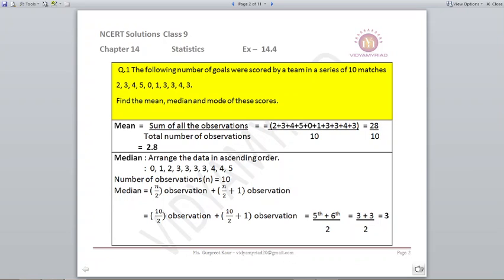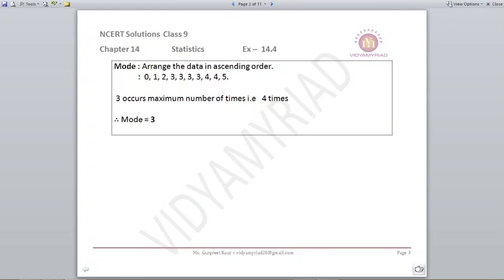Now suppose your number of observations is odd, for example 11. What will I do? 11 plus 1 upon 2, 11 plus 1 is 12, upon 2, that will be the 6th observation. So you need to remember, mean is the sum of all the observations upon the total number of observations. Median depends on whether the number is even or odd. And next comes the mode.